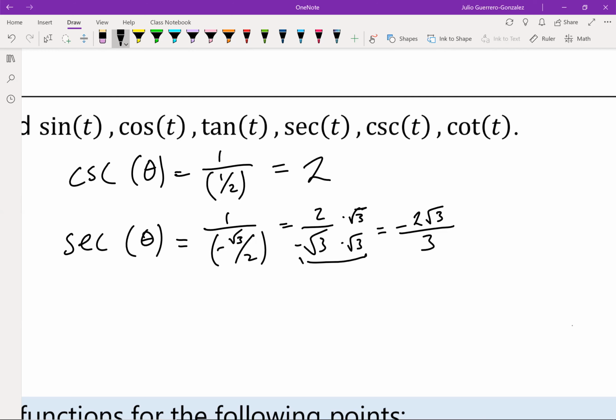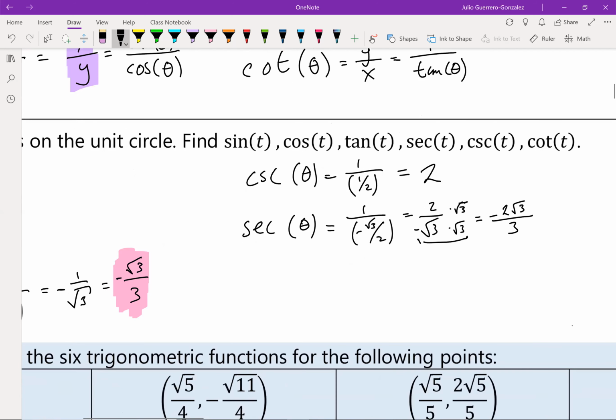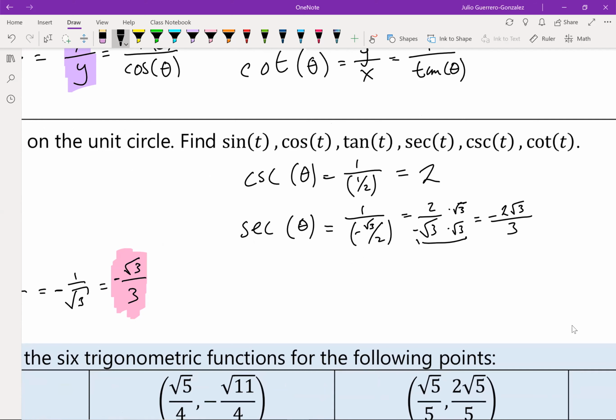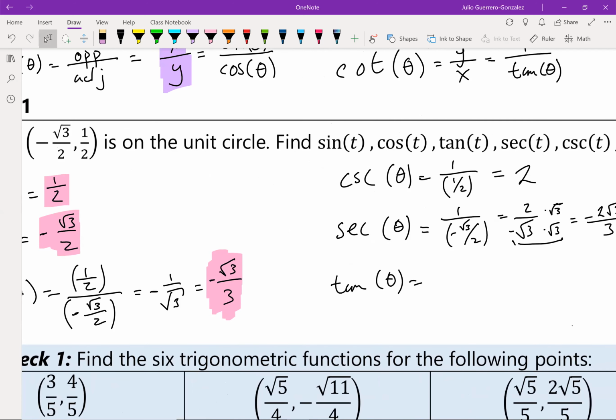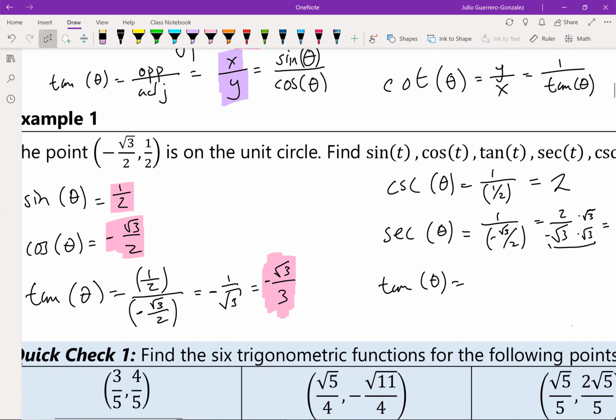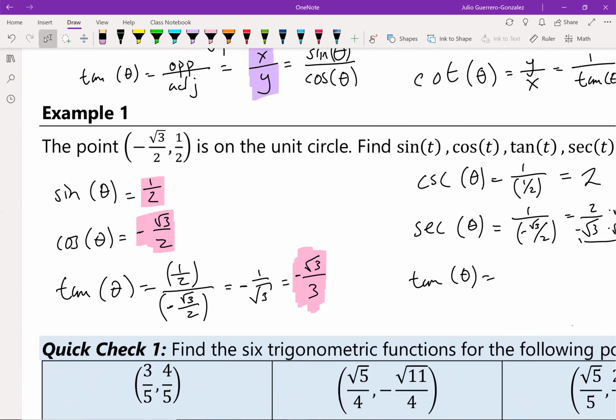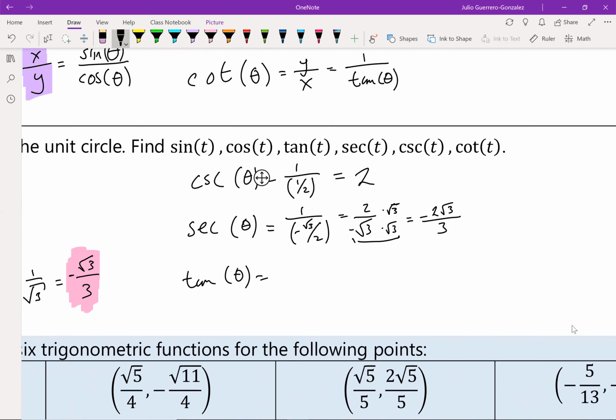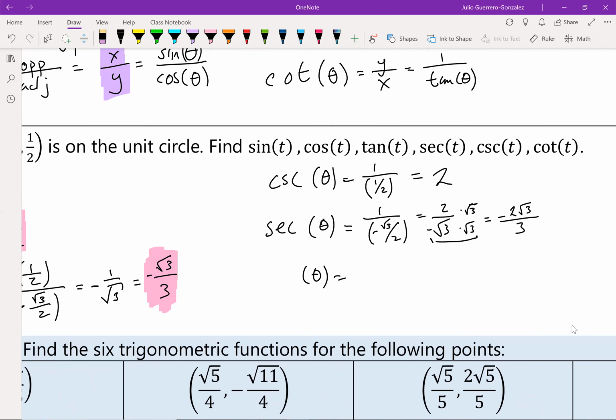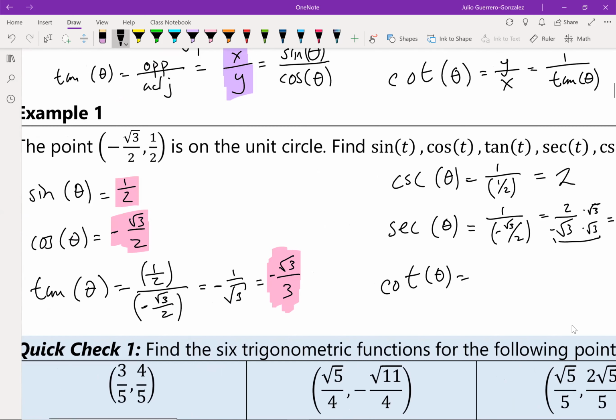And then the last one, we've got cotangent of an angle theta. Sorry, not tangent, I need cotangent. That's my bad. So we can do the sine over cosine, or we can do the 1 over tangent.